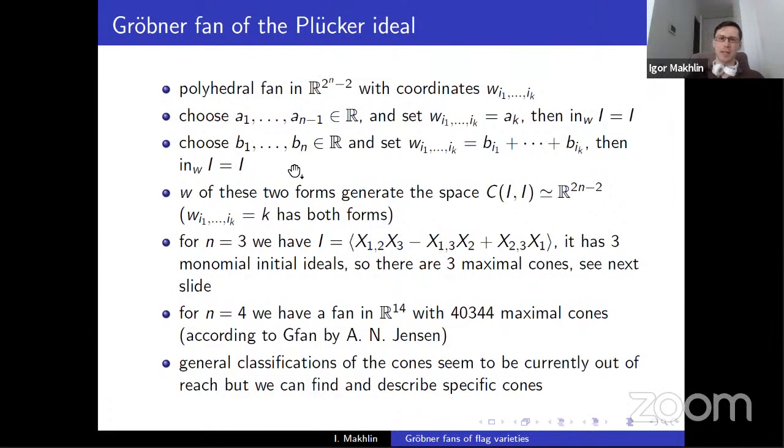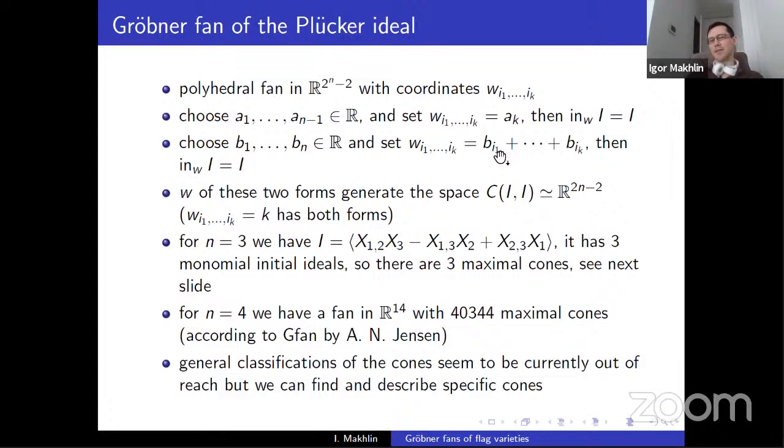Okay, this is easy to check, and then there's another way of constructing weights which have the same property. Namely, you can take a real number b_i for every number from 1 to n, and you can say that we consider a weight where the coordinate with subscripts i_1 through i_k is equal to the sum of the corresponding b's, right?